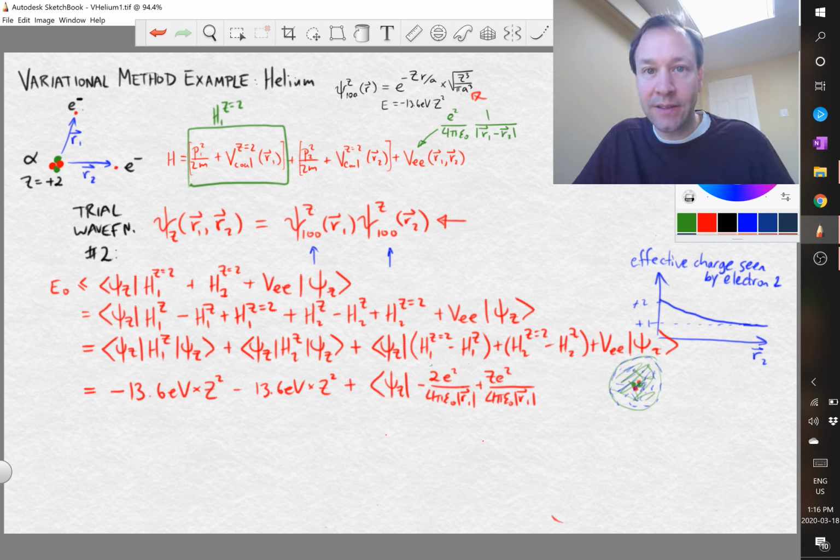Then there's a similar term for H2 that depends on R2. I'm not going to write all this out. And then we've got our VEE term that was the same as last time.